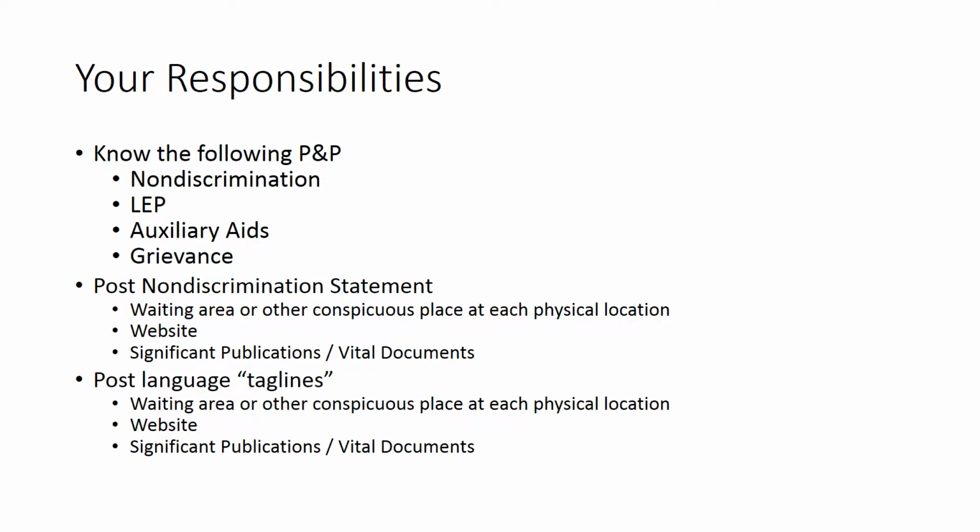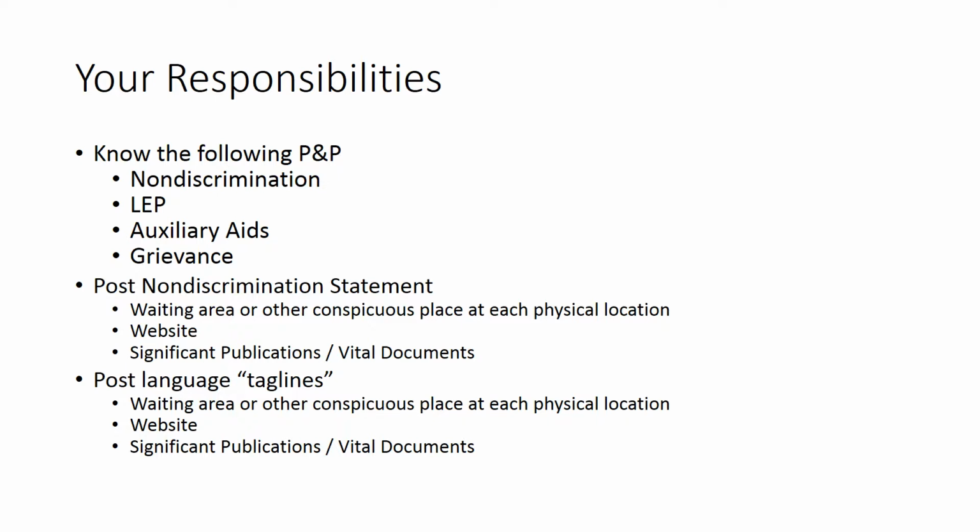So your responsibilities are a few different things that you need to make sure of. First of all, we have policies and procedures around Section 1557 requirements. They're related to non-discrimination, LEP, auxiliary aids, and grievance. So you want to familiarize yourself with these policies and procedures. We sent them to you back in the fall, and then we just recently sent a prettier version of it, which is the non-discrimination statement and our language taglines all on one page.